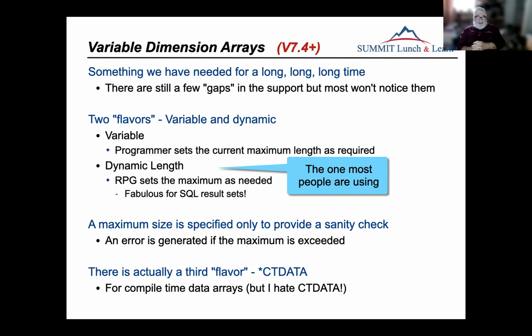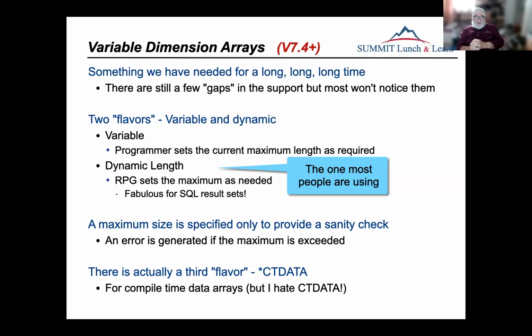Okay, variable dimension arrays. A couple of people have said in the chat that we've needed these for a long time, and I agree. There are still a few gaps in the support, but most people won't notice them. Basically, there are two flavors, variable and dynamic. Most people are going to use dynamic, but I'll talk about variable as well, because there are cases where you might want to use it. With a variable array, the programmer sets the length as and when they want it.